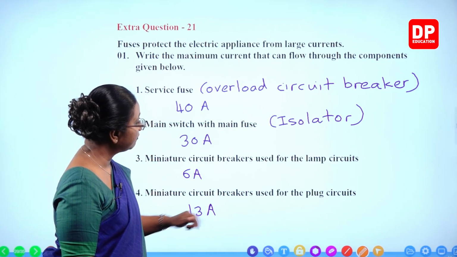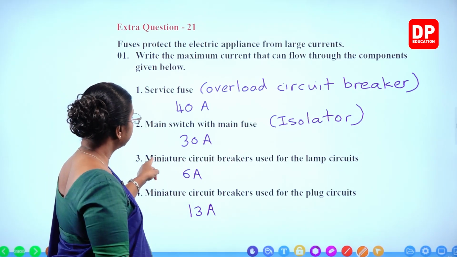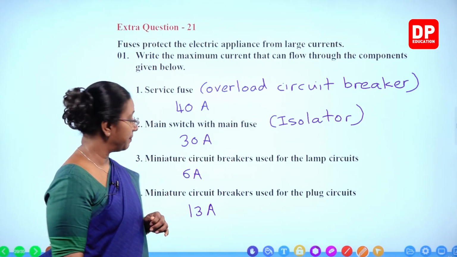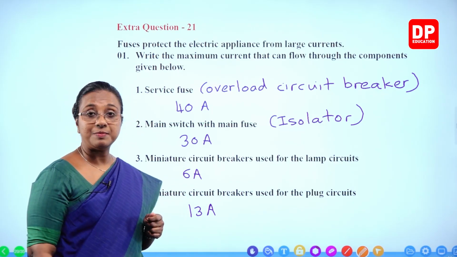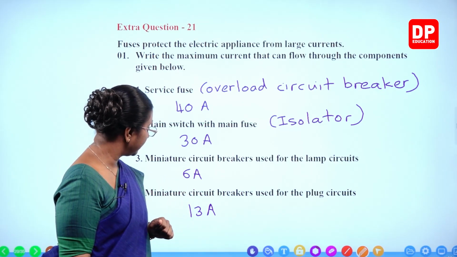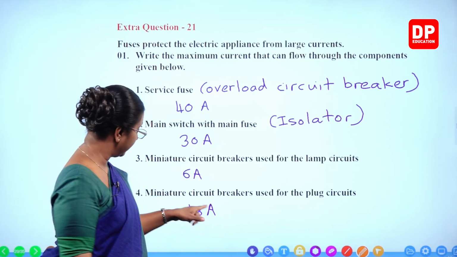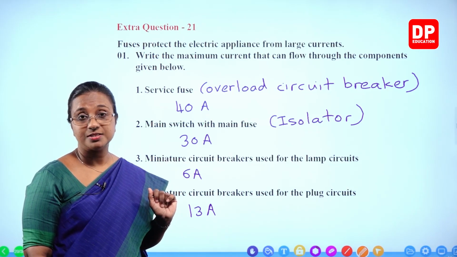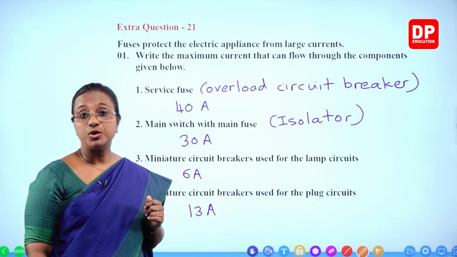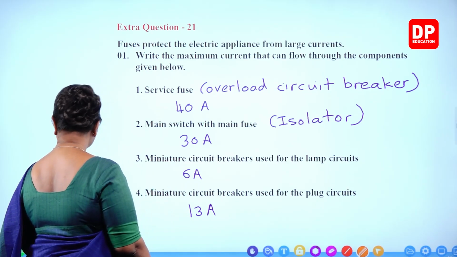Main switch with main fuse, that is in the isolator, allows maximum 30 ampere current. Miniature circuit breakers used for the lamp circuit, 6 ampere current, and for the plug circuits, 13 ampere current. You have to remember that, student. So with that, I'll move on to the next question.